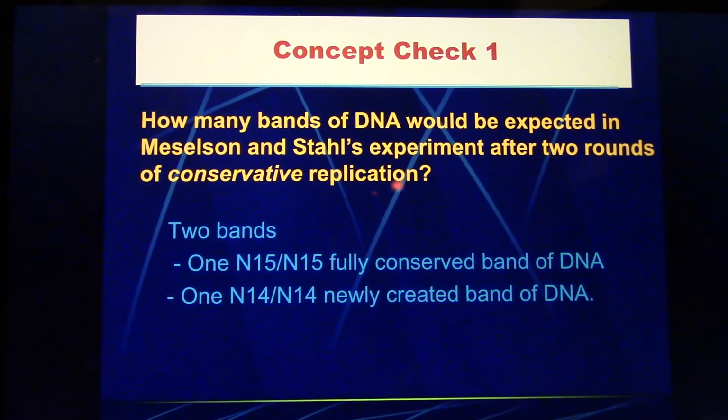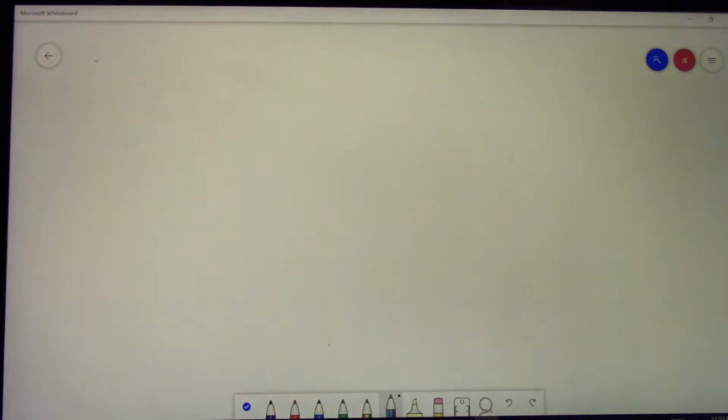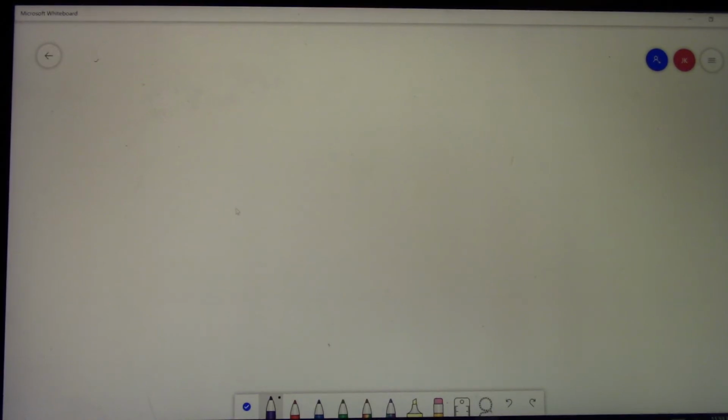One is going to be fully conserved nitrogen 15 band. The other one is going to be nitrogen 14 created band. So if I were to draw that, it would look something like this.